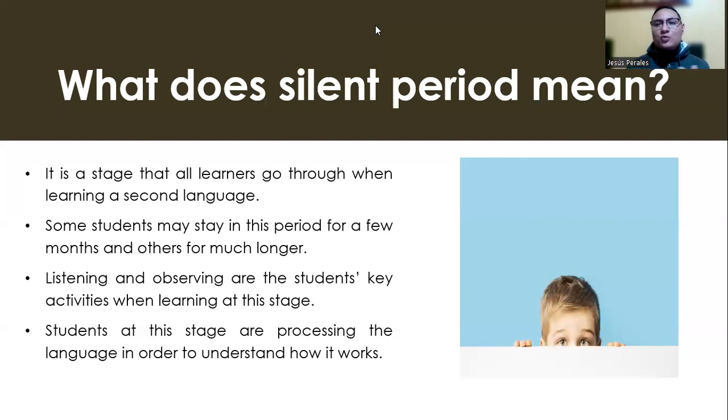So it really depends on the factors of motivation, the reason why our students are here in the classroom. But we really have to be aware that most of the time when they are quiet, that does not mean they are not learning. They're just processing what's going on.